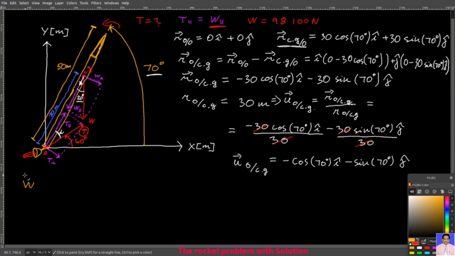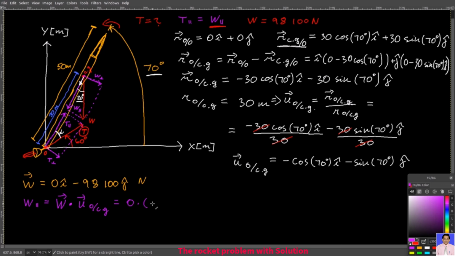And now, since you know that your W vector is 0i minus 98,100j newtons, you can get your W parallel using this dot product formula. So this vector dot U of O with respect to CG.